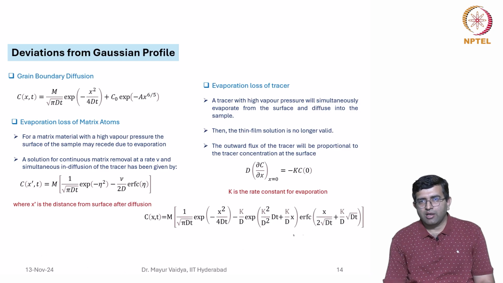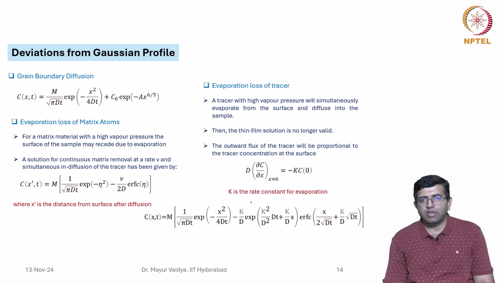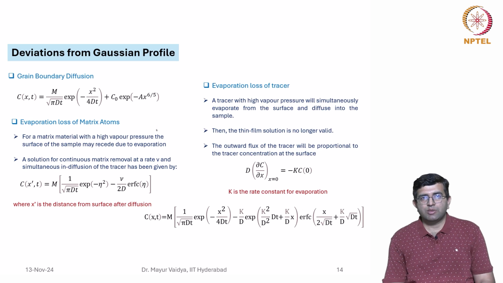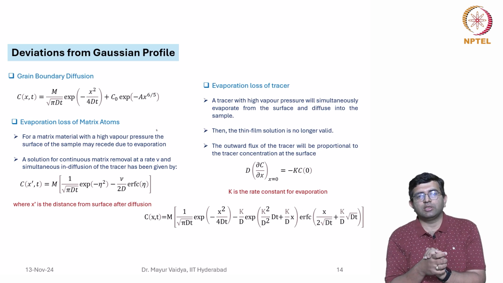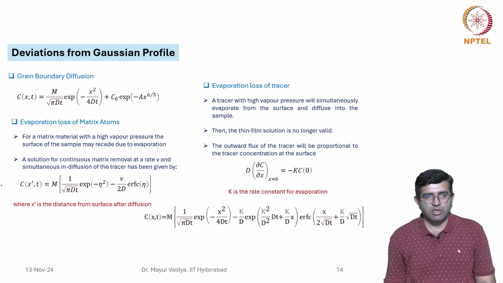Again, you don't have to memorize this equation, but you have to appreciate that deviations can be there because of the evaporation loss. So these are the three important deviations that can occur in the Gaussian profile during tracer diffusion experiments.